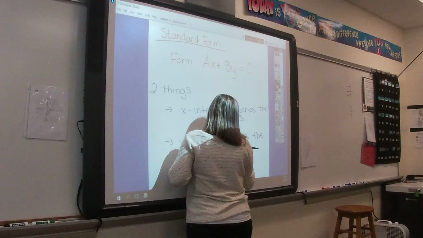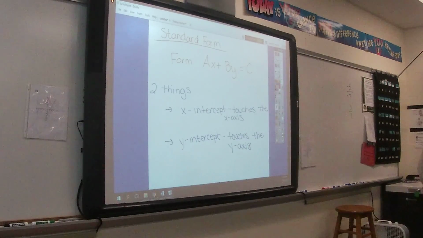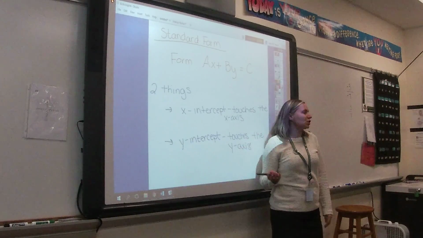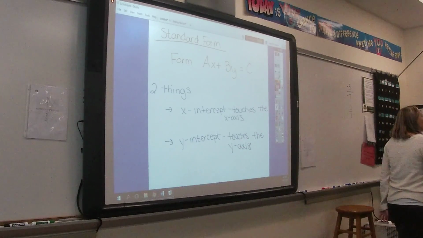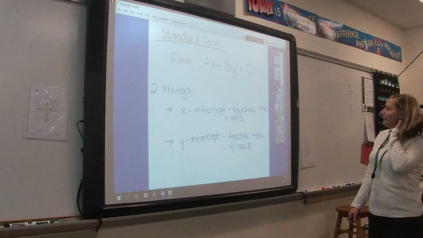Then our y-intercept is where it touches the y-axis, or intersects the y-axis. I kind of use touches. It will always cross through it because we're talking about lines, but as we approach functions in different categories, it won't always go straight through it because we'll be looking at things that have curves.